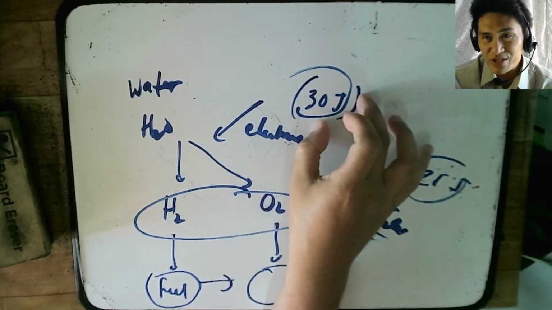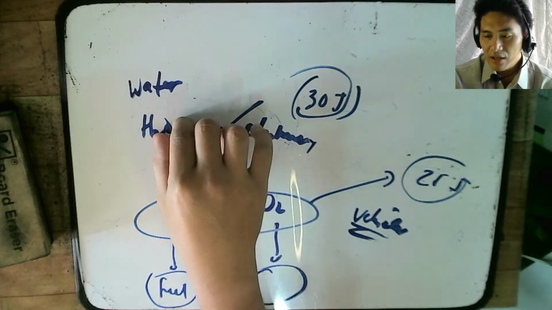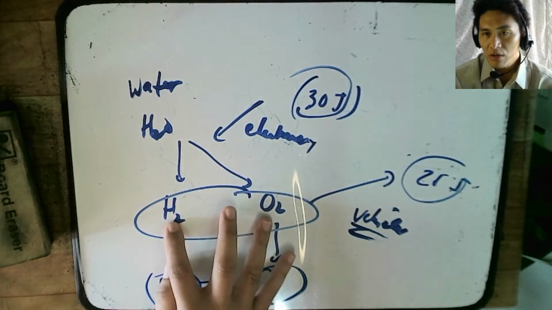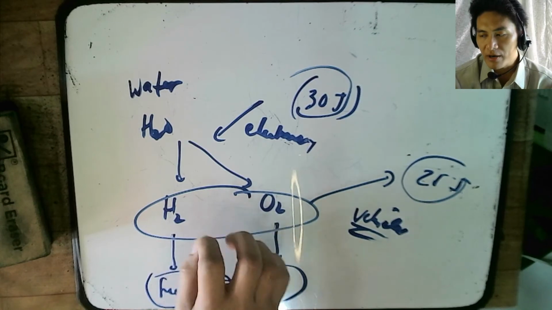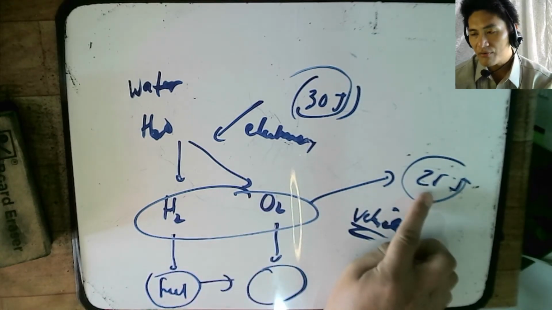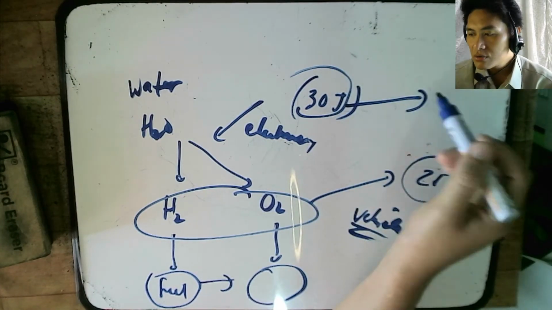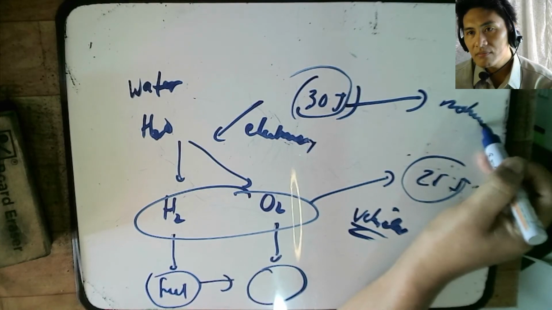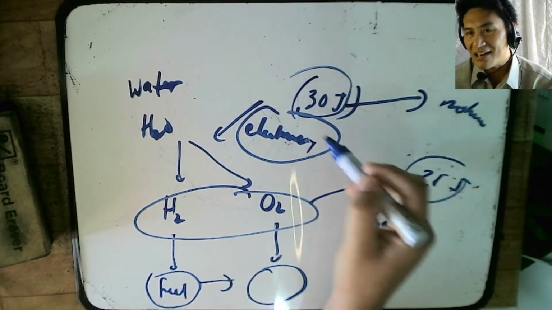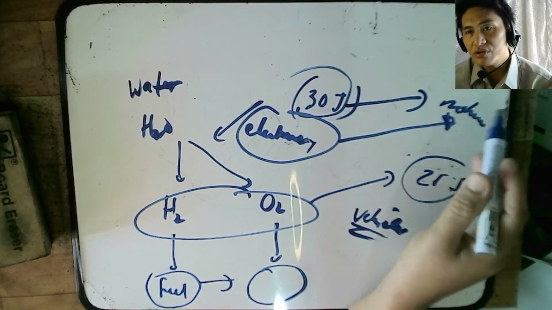If you spend too much energy to break water into H2 and O2, just so that you would burn it to get a lower amount of energy, then why not just use this energy to create motion? Why not use the electricity directly to create motion of cars?